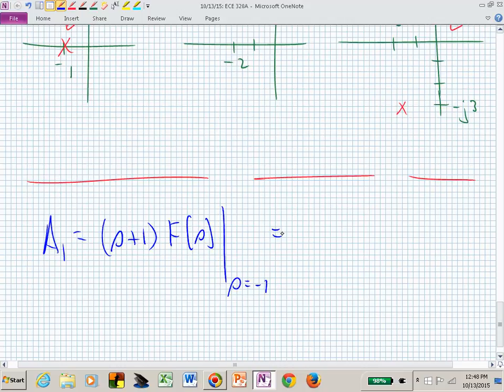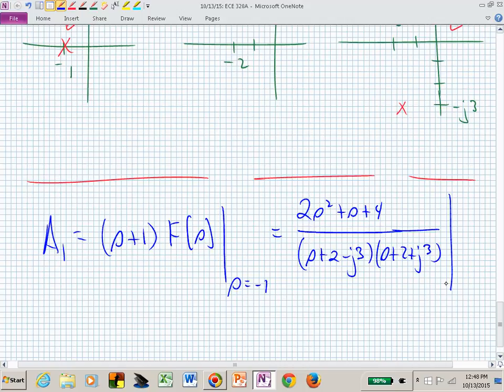If we do that, we end up with 2s squared plus s plus 4. That was our original numerator. We have s plus 2 minus j3 and s plus 2 plus j3. That's the quadratic expanded in terms of my individual or distinct factors, and we evaluate that at s equal to minus 1.